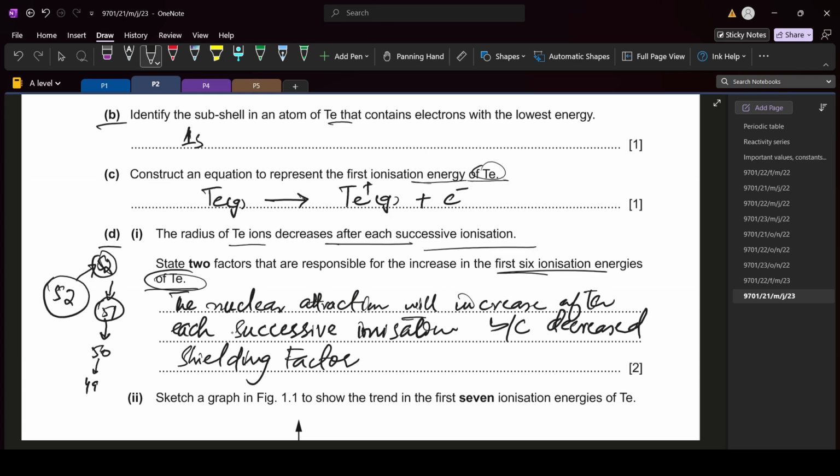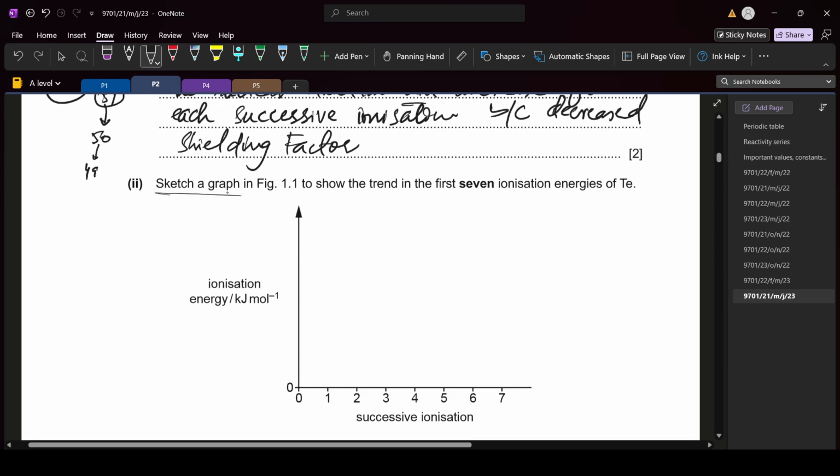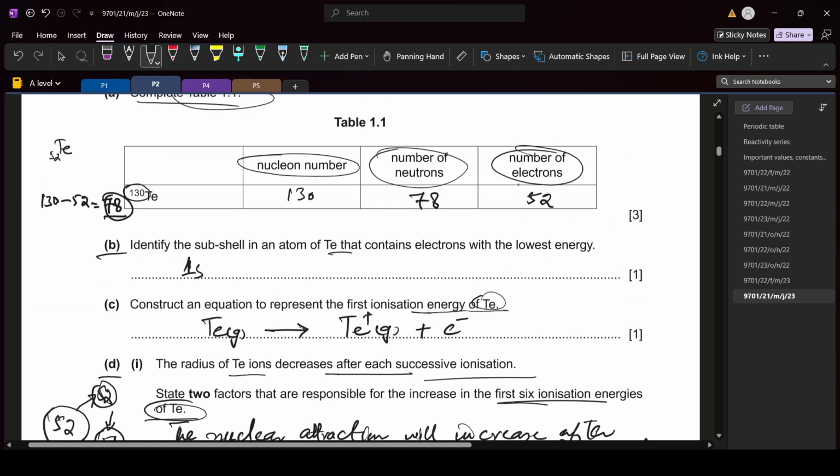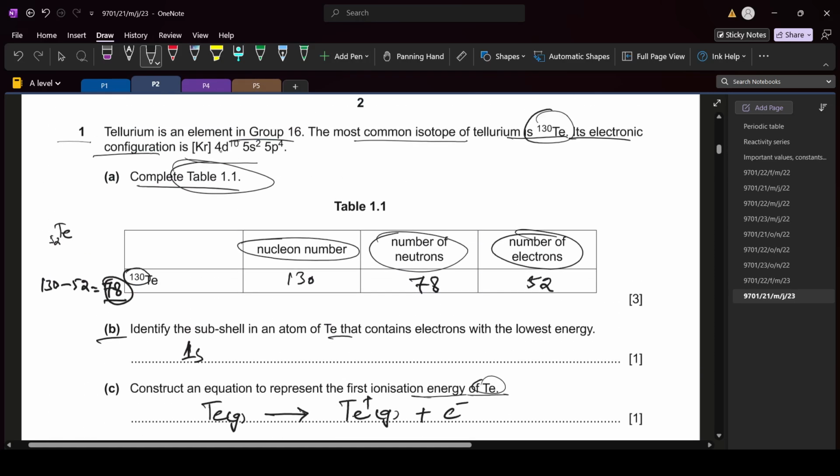So now moving towards part 2, sketch a graph in figure 1.1 to show the trend in the first 7 ionization energies of tellurium. The electronic configuration of tellurium is given to you.